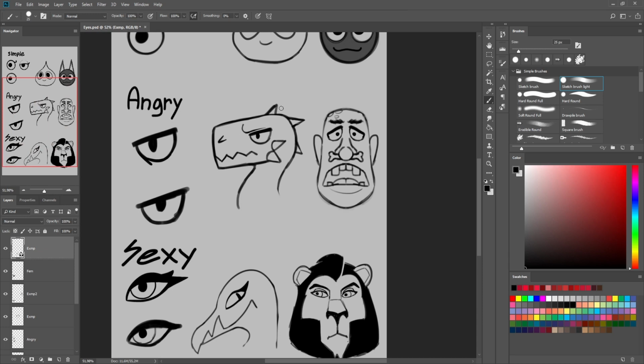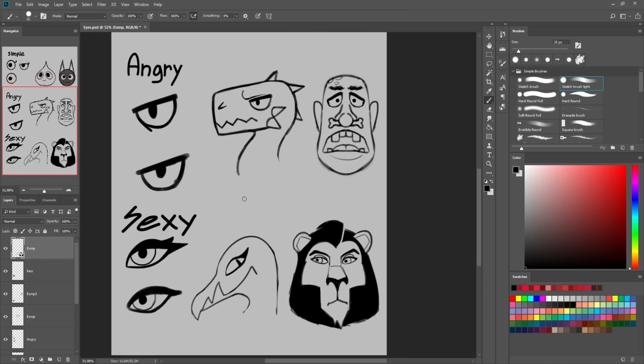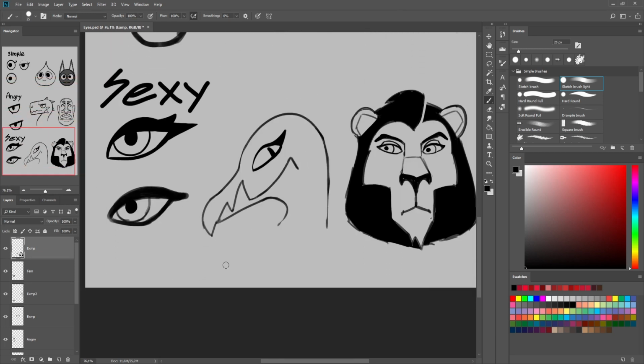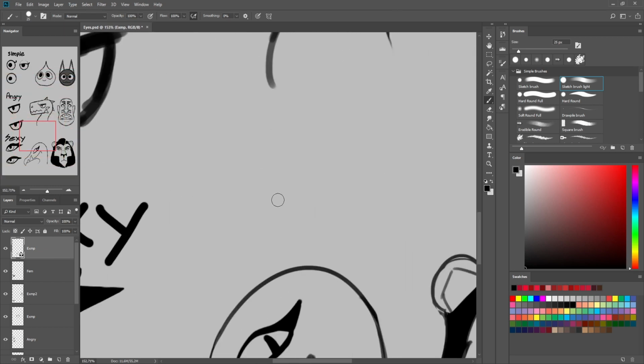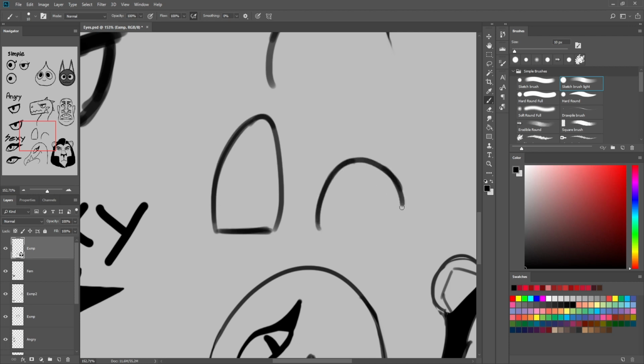So here's a couple of other tips and tricks that I've learned over the years. The first one is that the eyes usually look better when they are stretched horizontally rather than vertically. Here's an extreme example of stretching of an eye horizontally and vertically. This is vertical because it's up. It doesn't look bad.